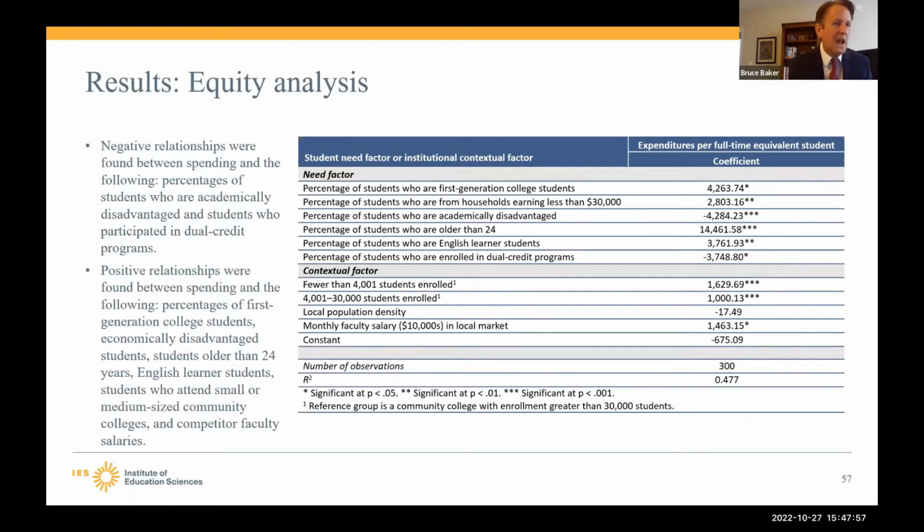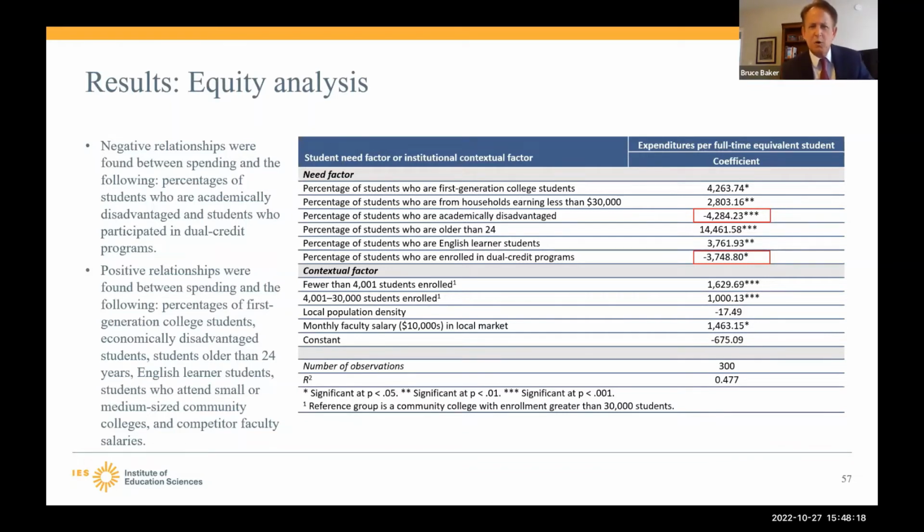When we look at the way funding is currently associated with different factors, in some cases we do see equitable distribution, but in other cases we don't. We see negative relationships between existing spending and the percent who are academically disadvantaged.